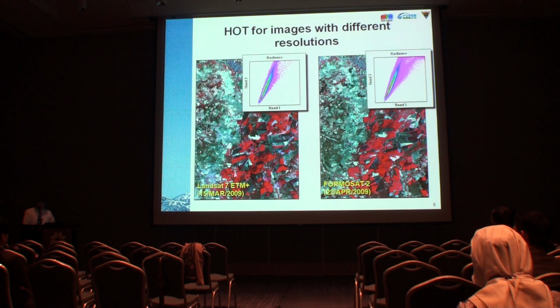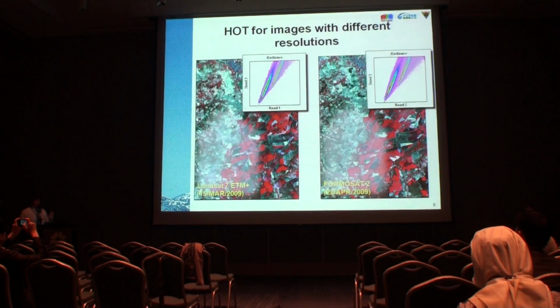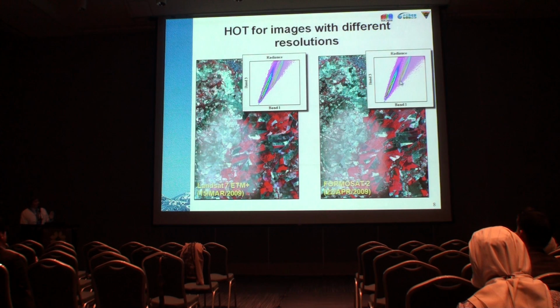So once this image has haze contamination, for example, if there is haze over here, the scatter plot of this image should be like this, because some of the pixels are affected by haze, and their positions in the scatter plot should be in this area. This is the same situation for the Formosa satellite image. But for some specific haze condition, its HOT value should be over this location.